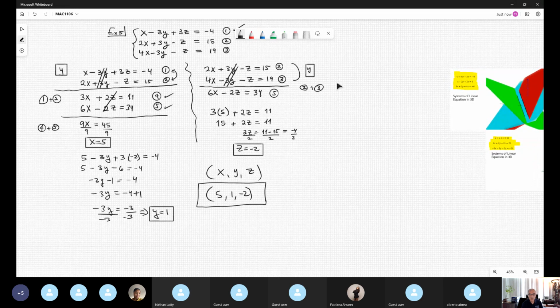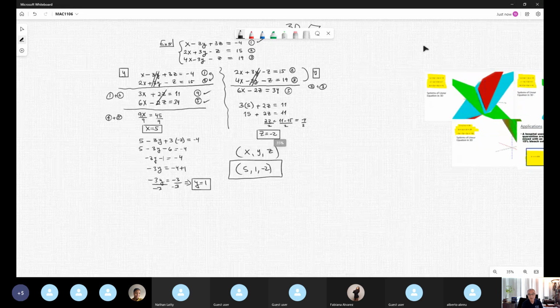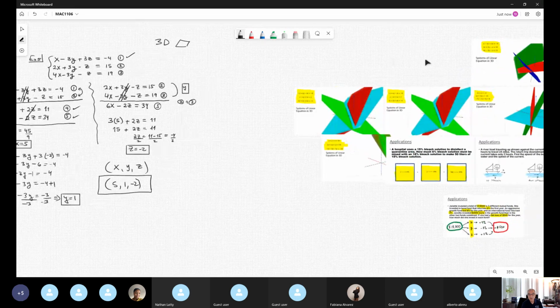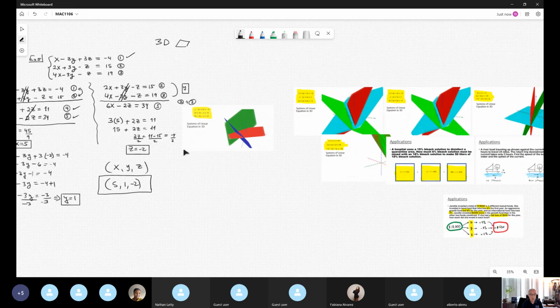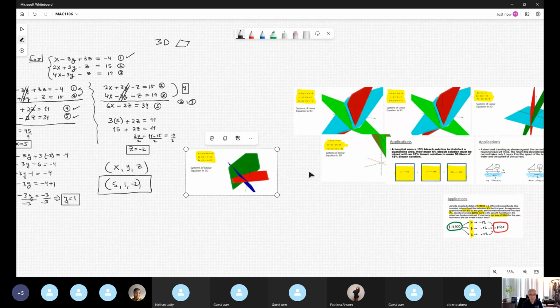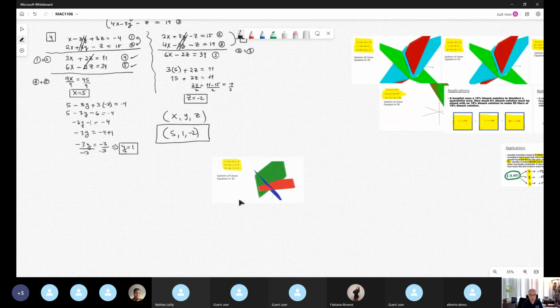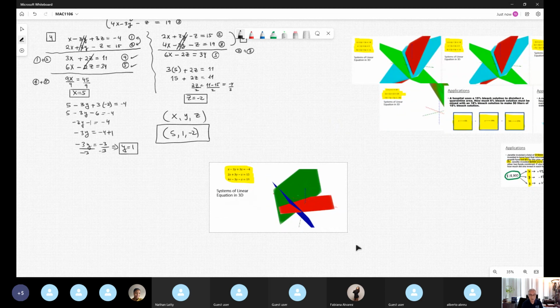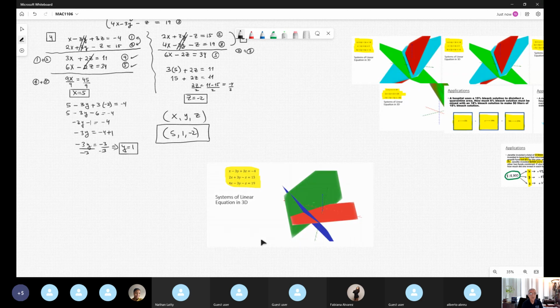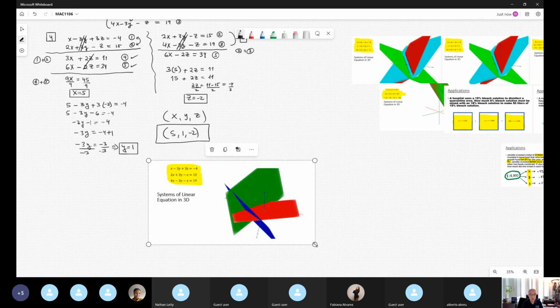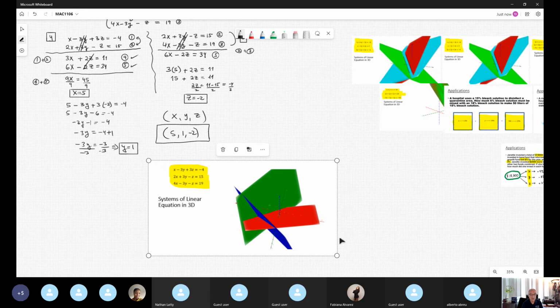Let me show you. I created a simulation, not in Desmos, because Desmos is 2D, in another more sophisticated software, but don't worry too much for the graphic in 3D, because this is not our problem. You need it in calculus 3, yes, but in algebra, no.